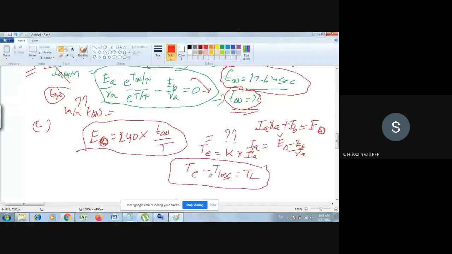This equation we have already used: TE is equal to TL plus T loss. So TE we find out from this equation. T loss we already know, 1.337, that is the torque because of rotational loss. What is left gives TL, the load torque. So that load torque you have to find out. That's it. This is the third question.